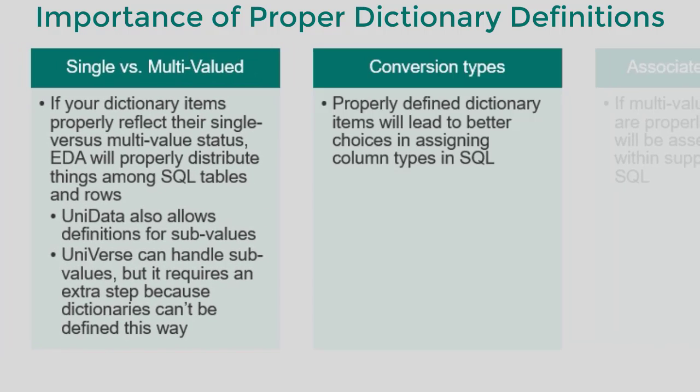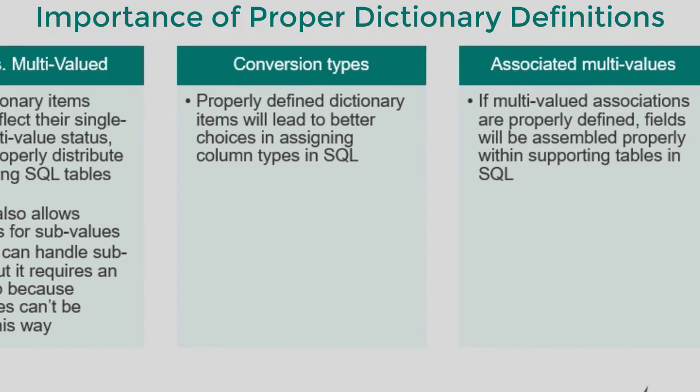If your dictionaries don't have proper conversion types, you're going to also have a problem there because EDA is not going to be able to make the correct decisions about how to set up the appropriate fields, the columns in your SQL database.